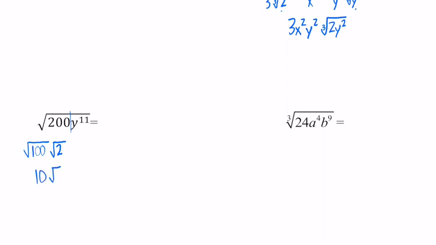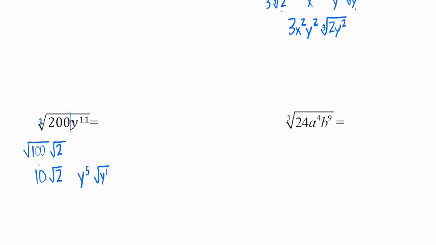So the number part of this answer would be 10 square root of 2. Next, for the square root of y to the 11th, we're thinking of that index of 2. 2 goes into 11 5 times with a remainder of 1. So we would have y to the 5th and the square root of y to the 1st.